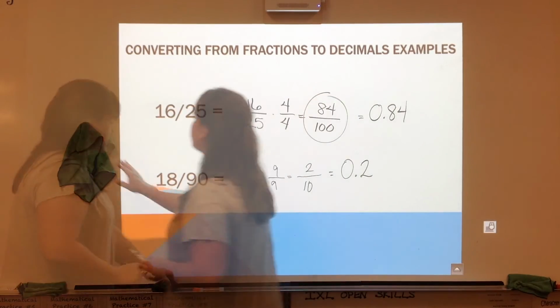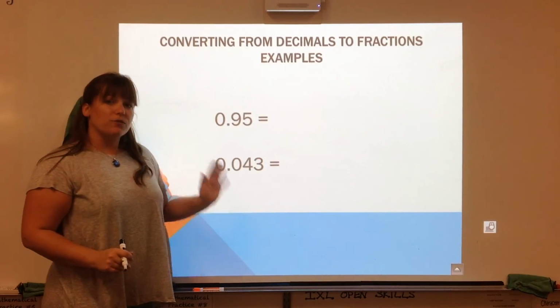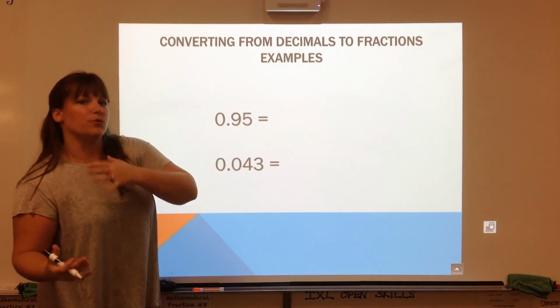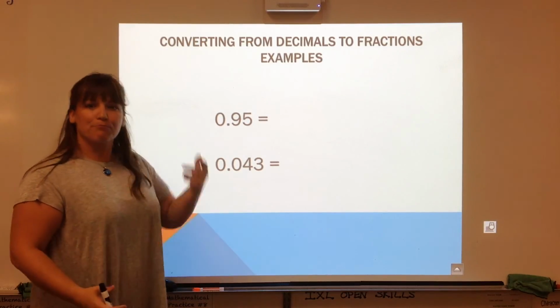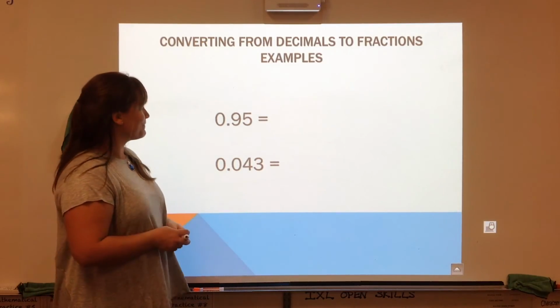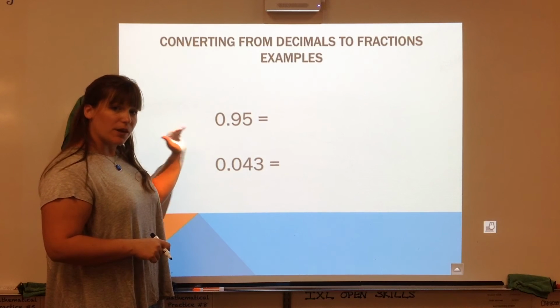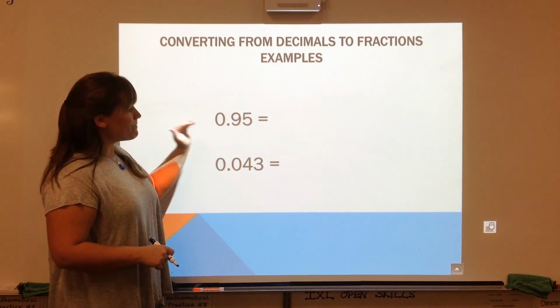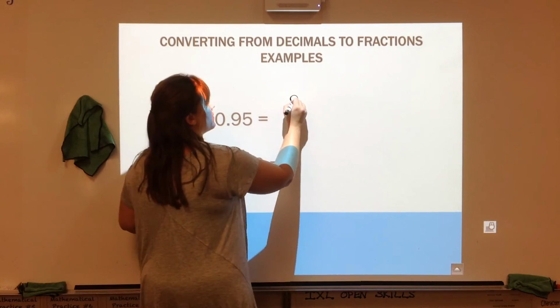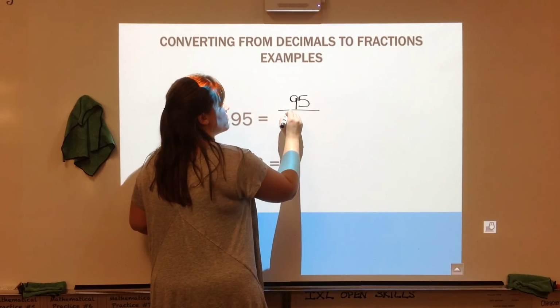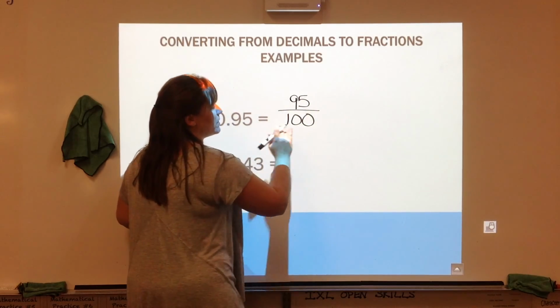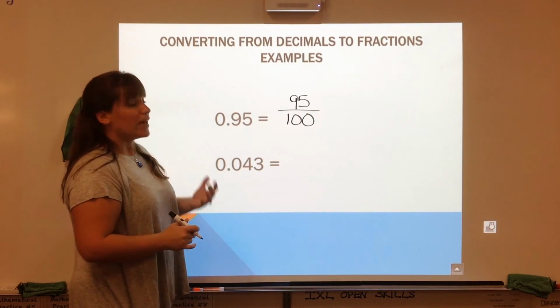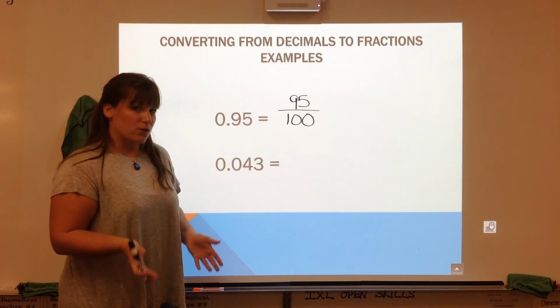Let's do 2 more. These are 2 decimals now that we're going to make into fractions. So go ahead and try it, and then push play. We're going to read this decimal as a math number. 95 hundredths is the fraction with the 95 in the numerator and the 100 in the denominator. Can we simplify this? That's your next question.